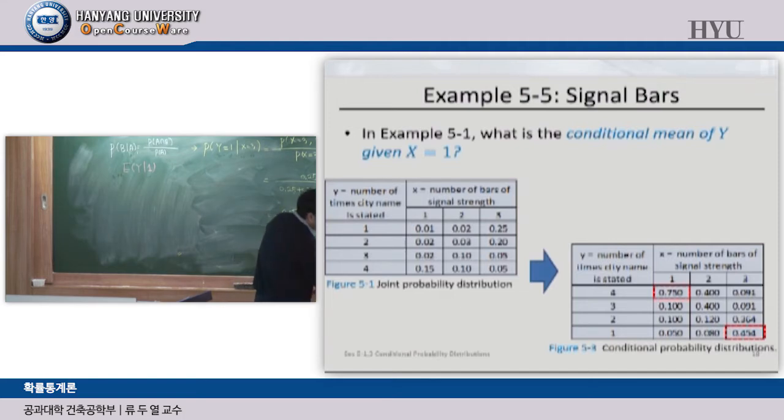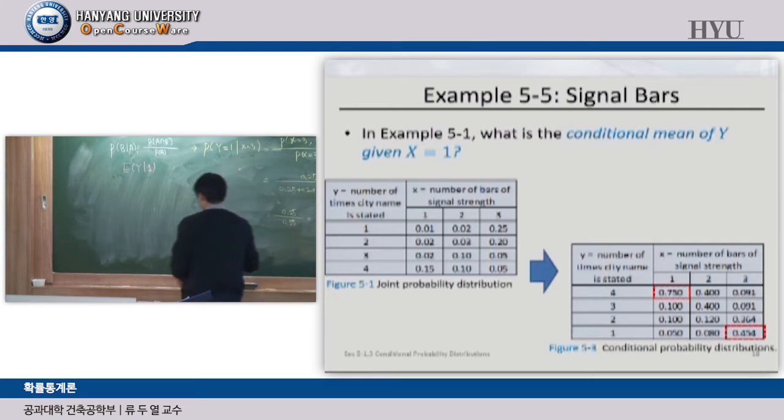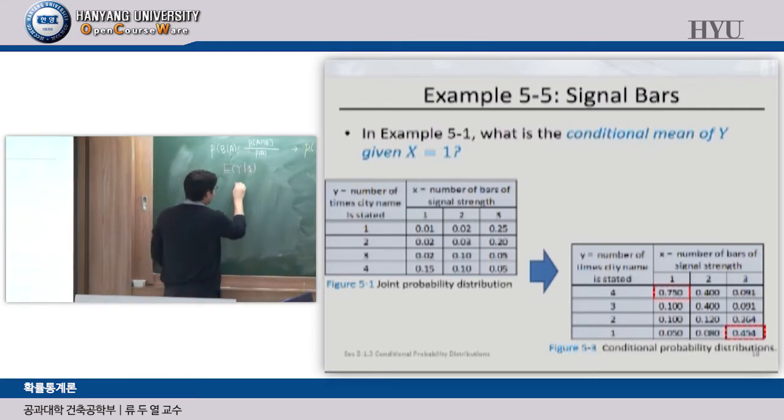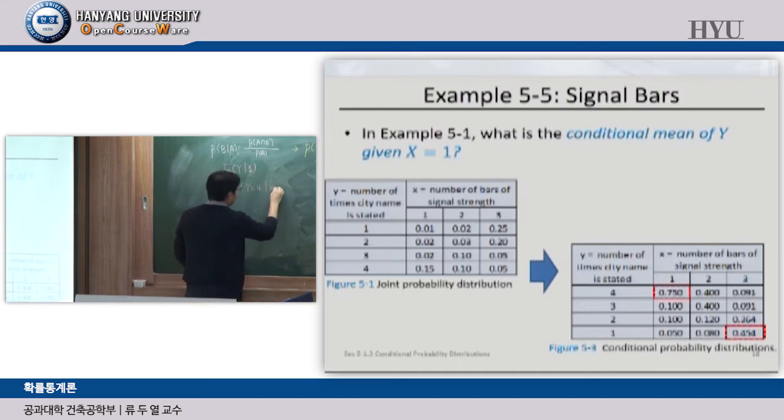So I'm going to solve first. That is the conditional probability of Y equal to 4 given X equal to 1. Okay?